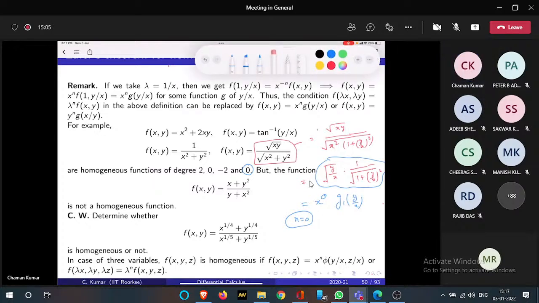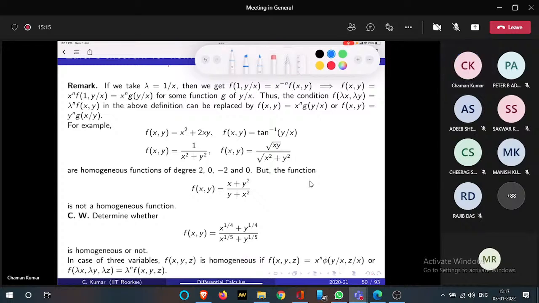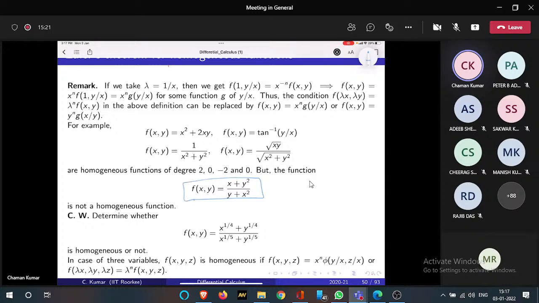So this is how you can check whether the function is homogeneous or not, and if the function is homogeneous, then you can easily identify the degree of the function. This function here is not a homogeneous function, because you cannot write this function in the given form.